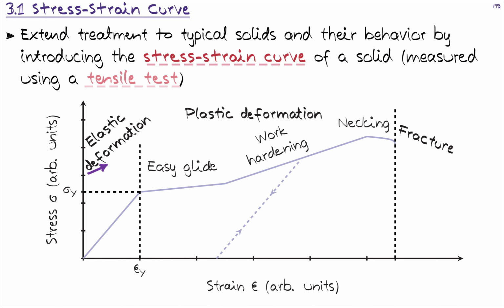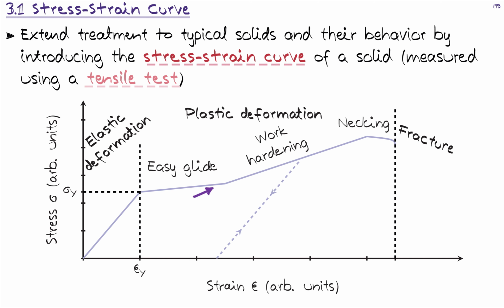After the elastic deformation regime, we will have a plastic deformation regime, and this is not always present in different materials. If we have a brittle material, we don't tend to have a plastic deformation regime, but rather the material goes right away after the elastic regime into the fracture part and starts breaking down. So depending on the material that we have, we may have a plastic deformation regime.